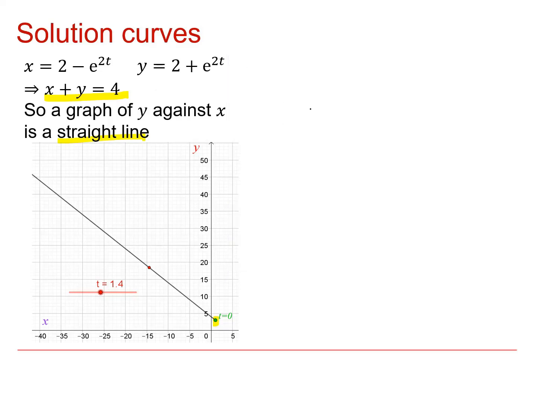So in summary then, when we're looking at the solution curves, it's useful to look at the individual curves, both for x against t and y against t, and also to try and establish a relationship between x and y, accepting that the equations we've got are parametric equations for x and y in terms of parameter t.